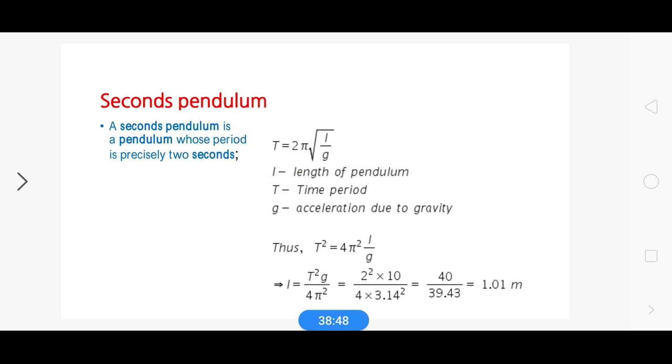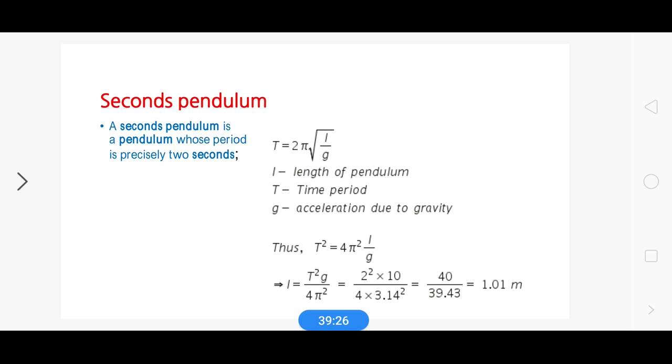Then what will be the length of the seconds pendulum? For which length of the pendulum will the time period be 2 seconds? To get that value, first of all, what is the time period of the simple pendulum? T is equal to 2 pi under root of L by g, where L is the length of the pendulum, T is the time period, g is the acceleration due to gravity.